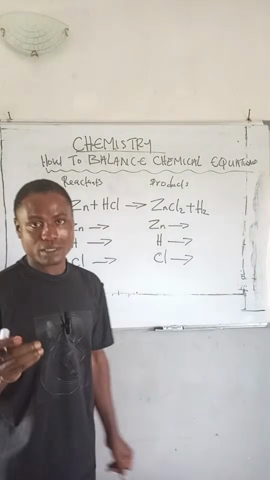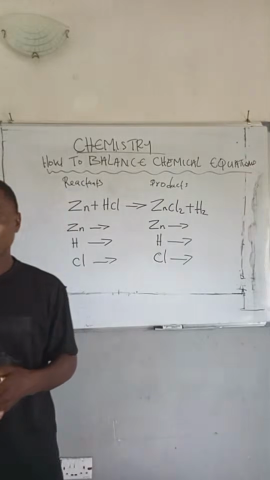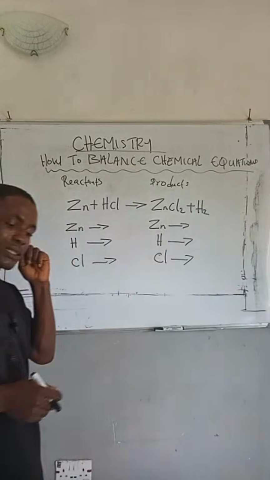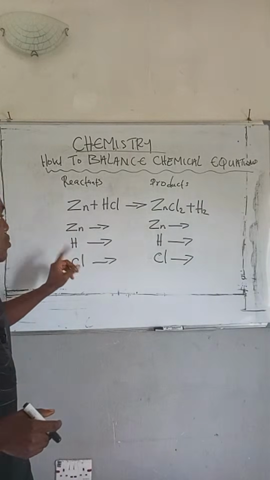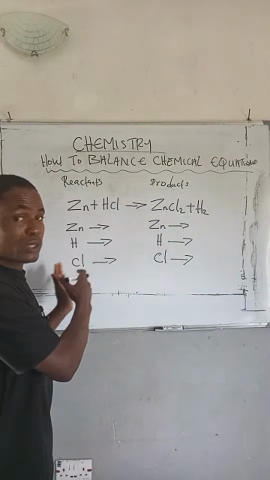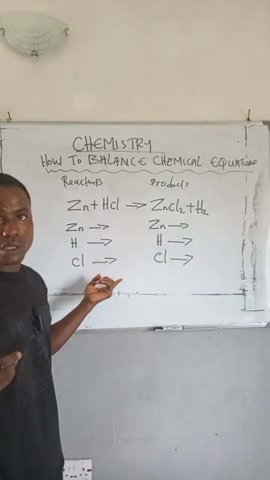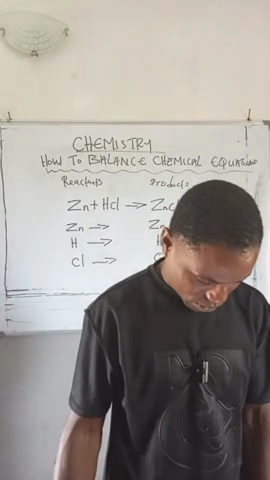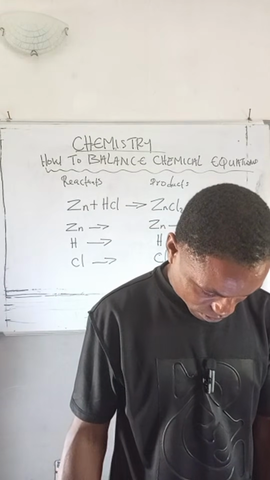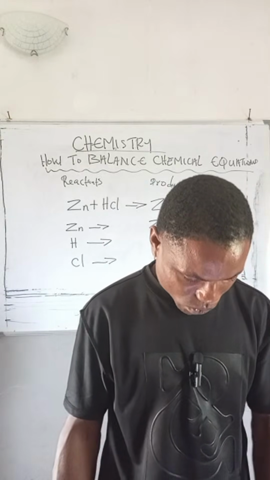Now tell me, because this is the first step. From the first equation we balanced, I said before you start balancing a chemical equation, the first thing you need to do is write out all the elements on both the left and the right side. Then secondly, you do what? So what is the second thing? What are we doing next?